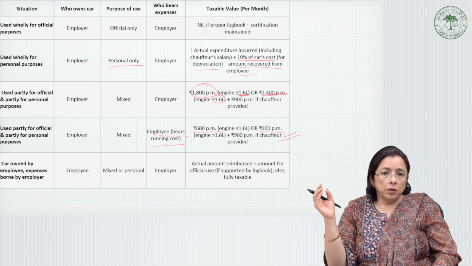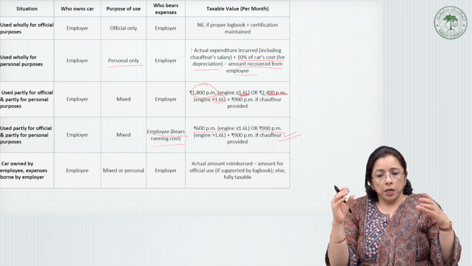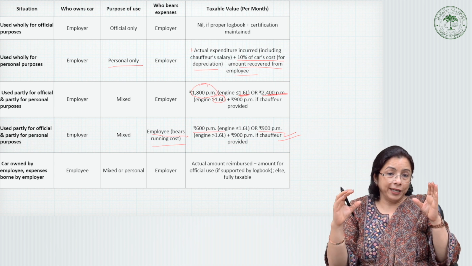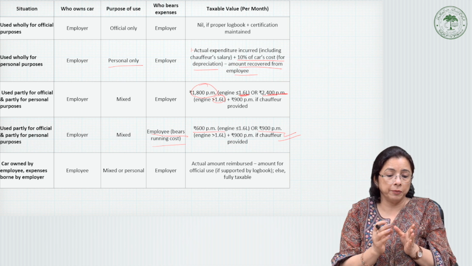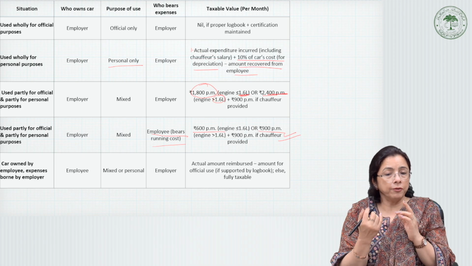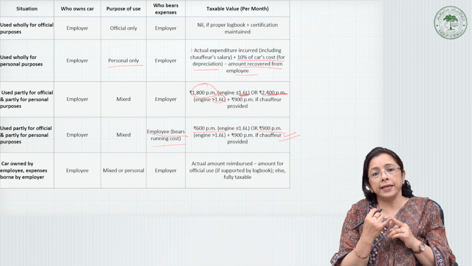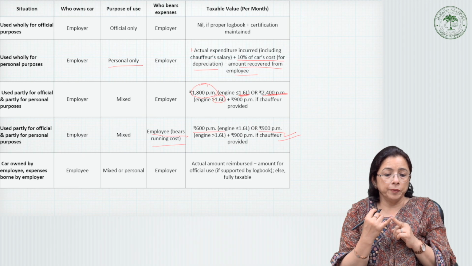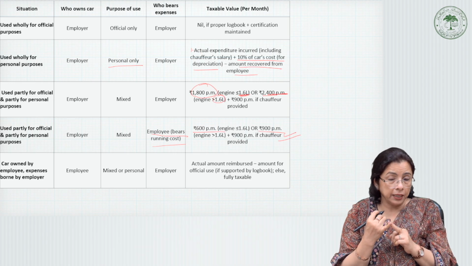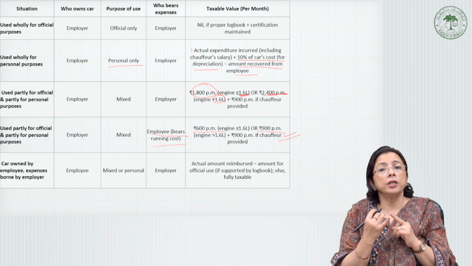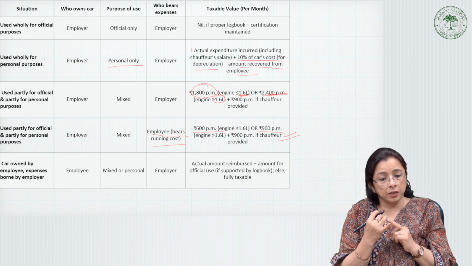Okay, so this is how we are. No doubt, I understand it's quite exhaustive and maybe a bit confusing, and therefore you have a chart before you. First you have to take the criteria, that is whether it is owned by the employer or the employee. Second is who is bearing the expenses. Third is what is the use, official or personal.